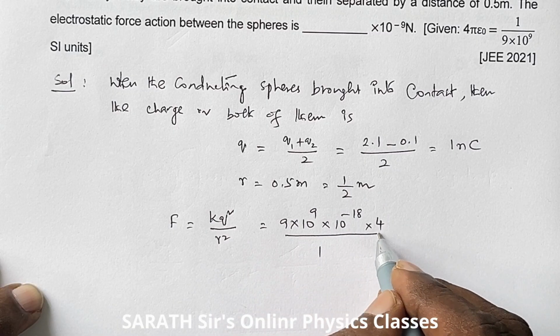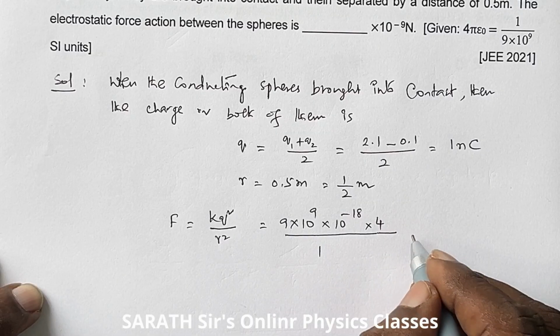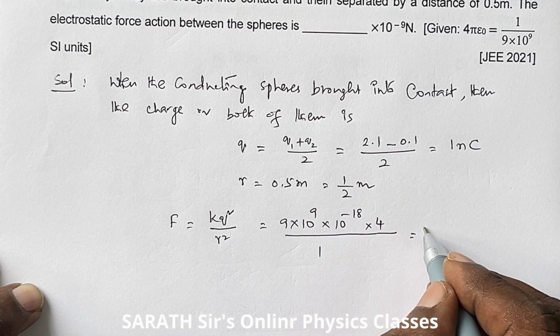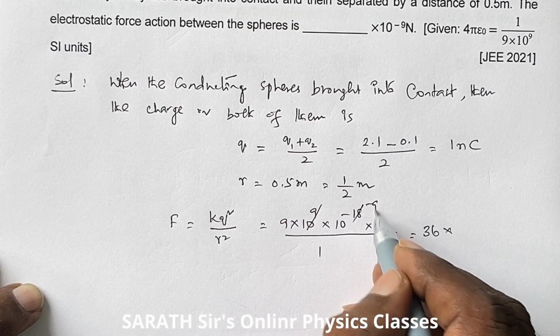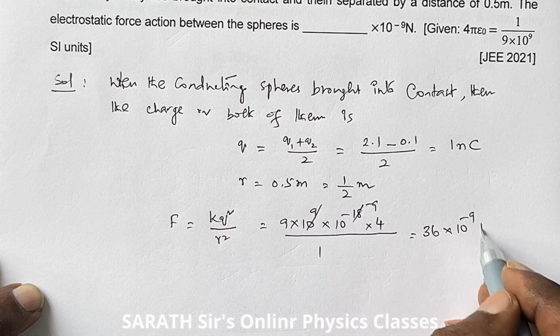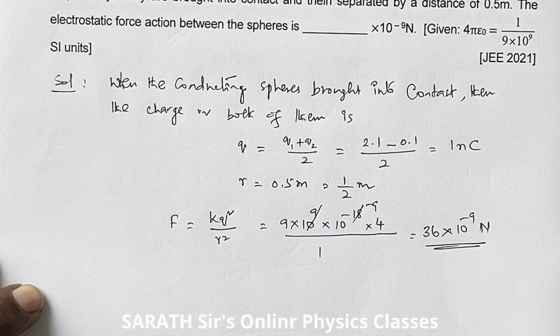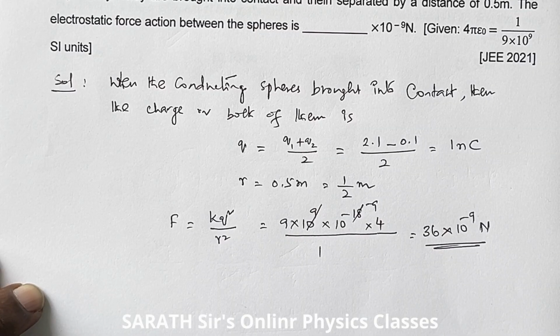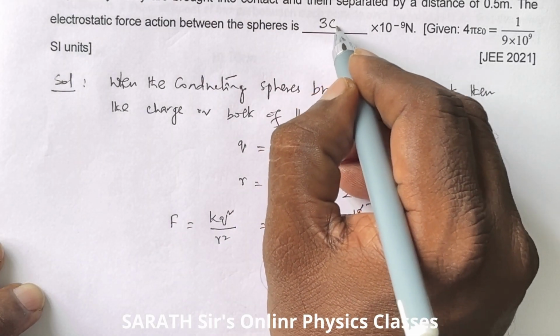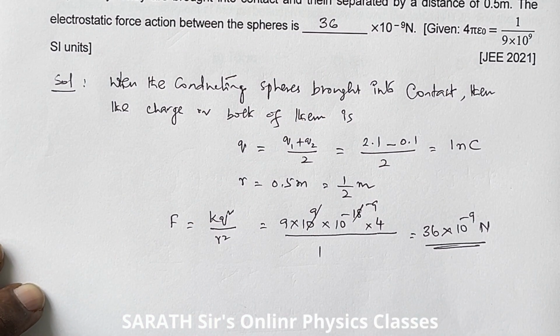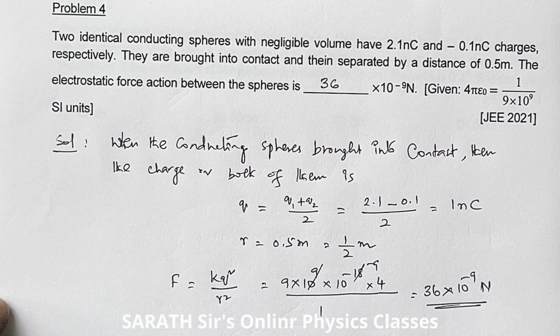So 9 fours are 36. This 10 to the power of 9 minus 18 comes 10 to the power of minus 9 Newton. So this is our answer. So here the correct answer in the fill in the blank is 36. So that is the answer for this question.